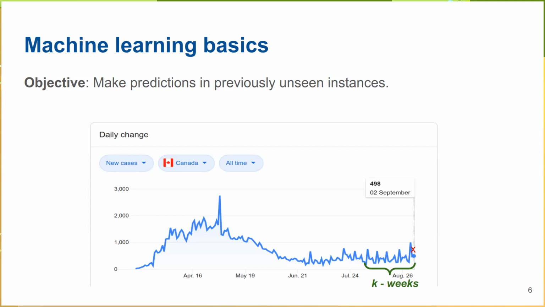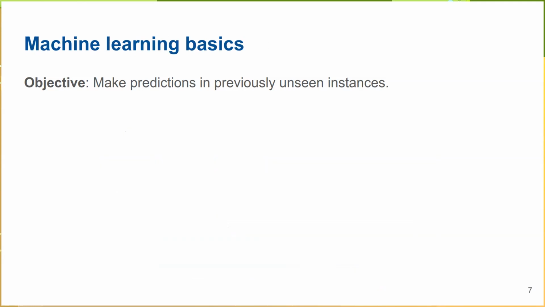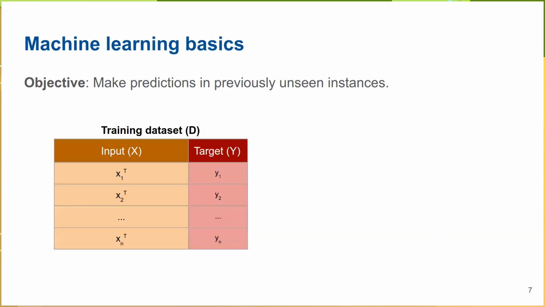So in general, these are the traditional machine learning tasks in supervised learning: classification, segmentation, which is a subset of classification, and regression, where we want to predict a real value. Now, how do we make these predictions in previously unseen instances?